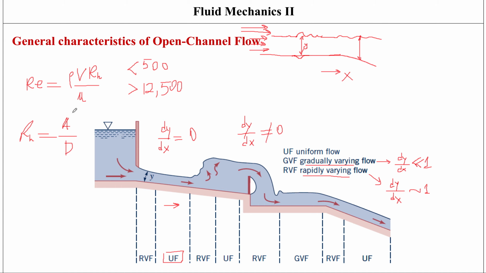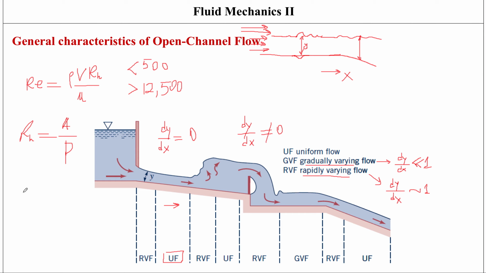It's the ratio of the area of the section over which the fluid is flowing to the wetted perimeter. The wetted perimeter is the length of the perimeter of the cross section that is in contact with the fluid.